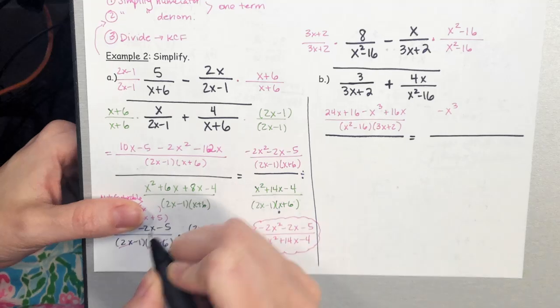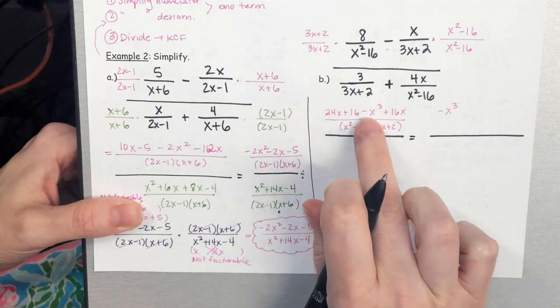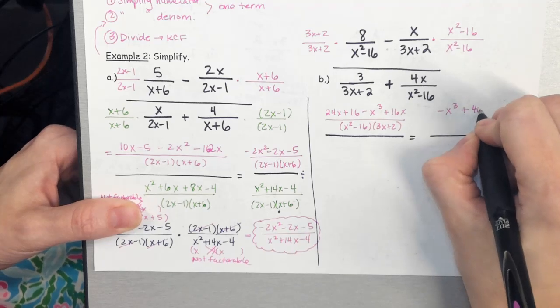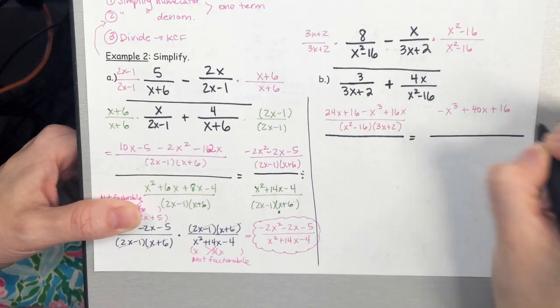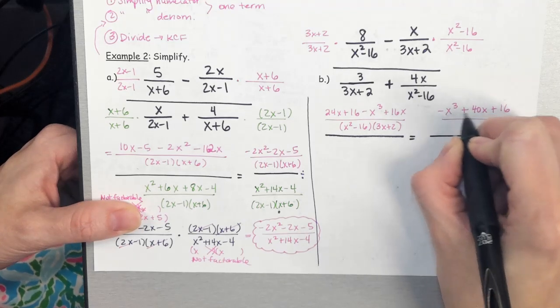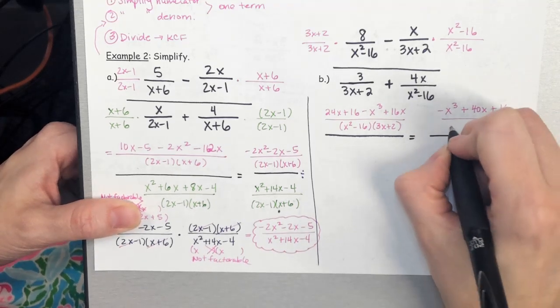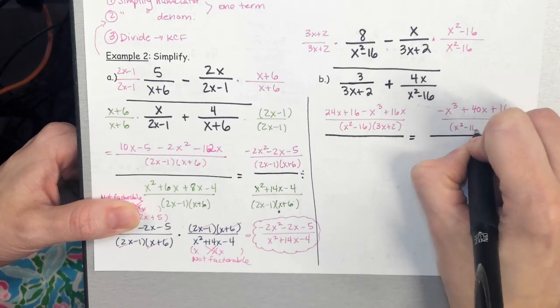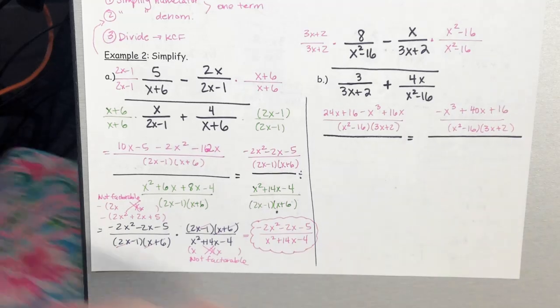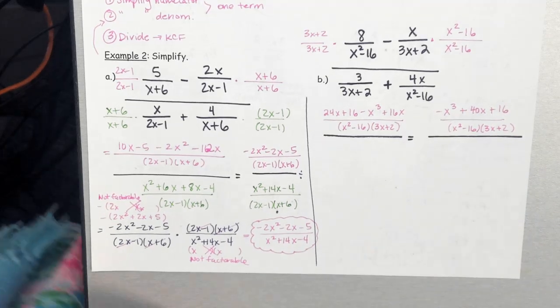Once you write this in standard form, you're going to see you have negative x cubed plus 40x plus 16. So you are not going to be able to factor this because you have the cube and you can't take an x out of everything. Okay, and there's no GCF, so we're going to leave it just like that.